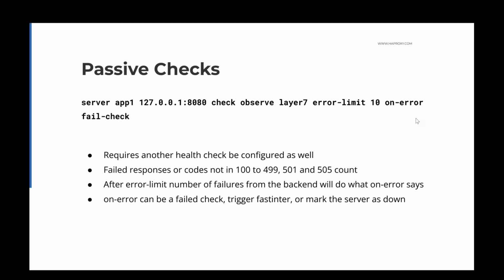The server will continue to operate until either this keeps happening, or the normal configured health check also fails, and you can just have it speed along a health check failure instead of triggering it itself. But you can also just mark the server as down immediately when this error limit is hit, if so desired.